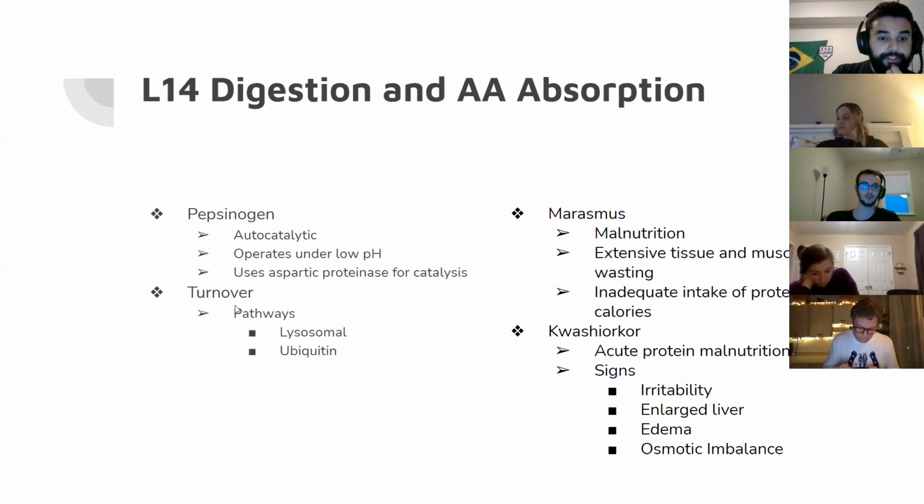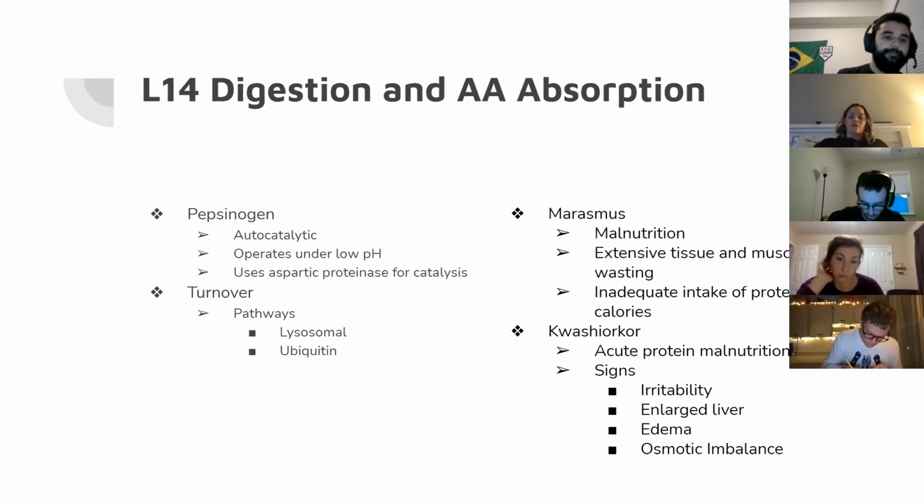But we also have different things called turnovers, right? Turnovers are periods of time inside our body where we want to start breaking apart proteins. And there are 2 different pathways that we can go through. We have our lysosomal or phagosomal pathway. This is when certain organelles in our cell break apart other cells or break apart itself, and then a phagosome or a macrophage goes in there and picks up what it can to recycle.